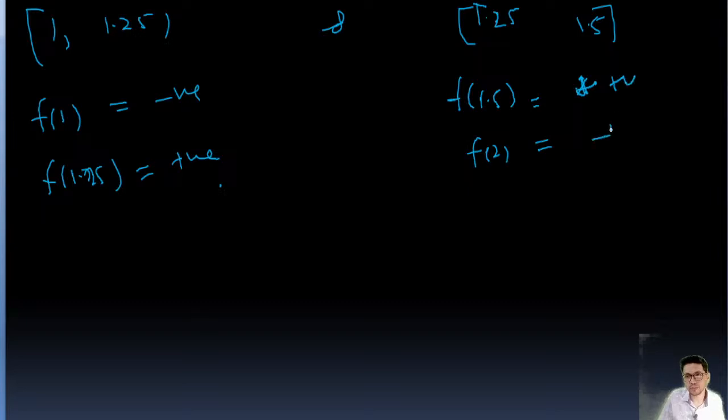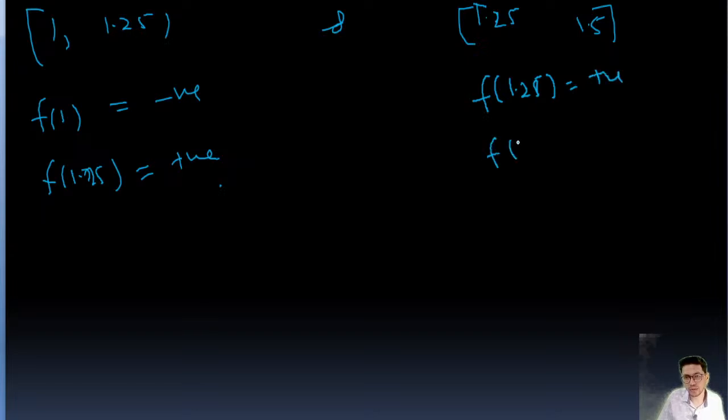This value is positive and this value is positive, because at 1.25 it is going to be positive. Okay, and obviously F1.5 will also be positive, right? So now the root will exist between this limit, guys.